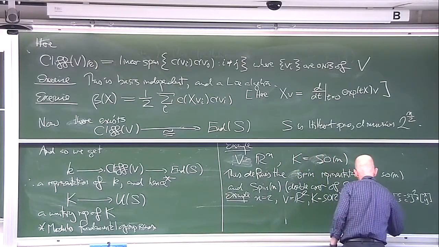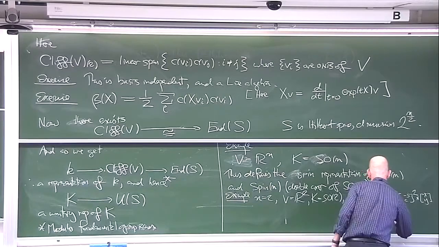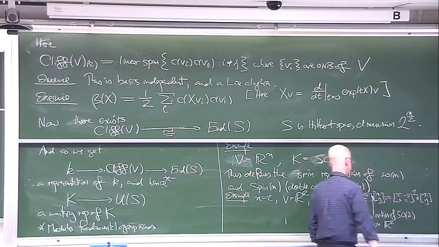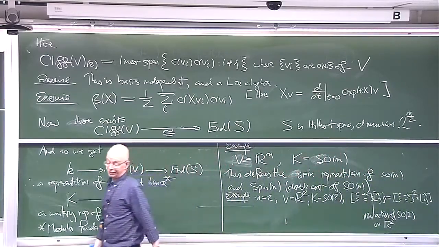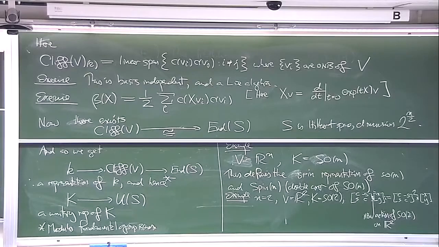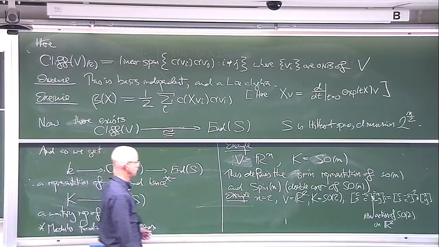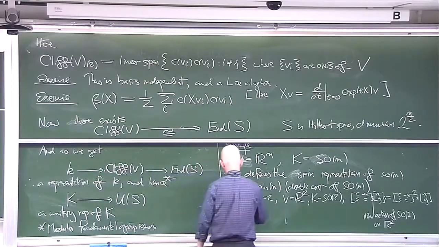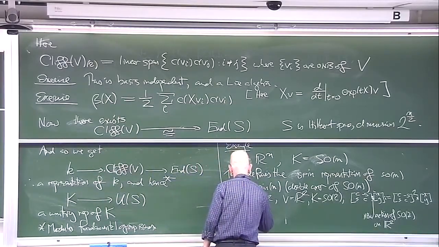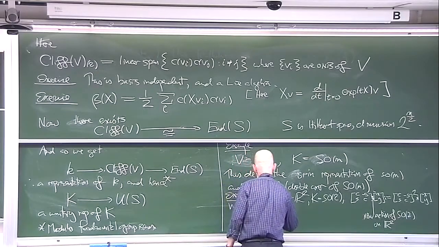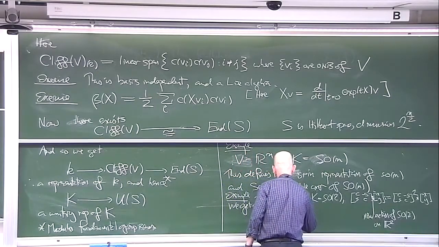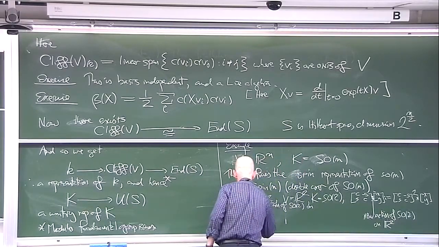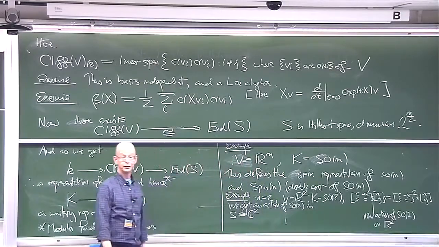So I'm defining here some new action of SO2 on R2, which is just the square of the old action. And I'm allowed to do that because SO2 is abelian, so it's still an action. And so in this situation, you can play this whole game, and now you get an action of SO2 on S, which is isomorphic to C2. 2 to the n over 2 in this situation is 2.